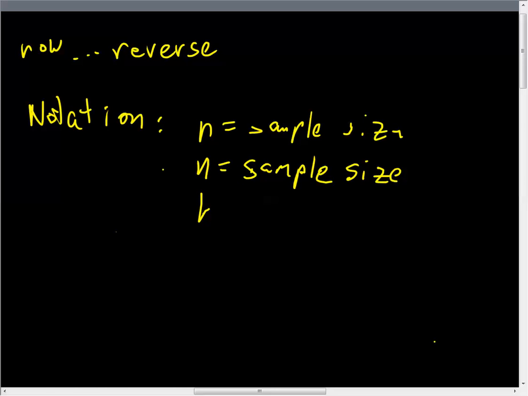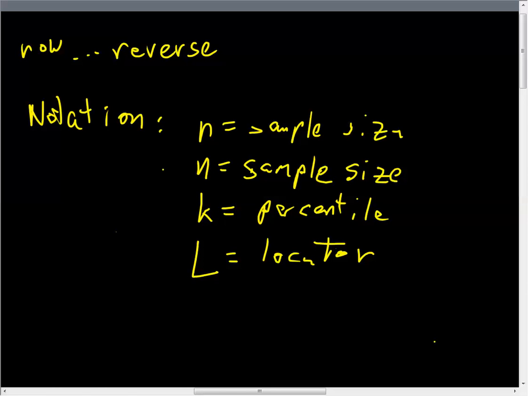Little k is going to be the given percentile. Capital K, and this formula is going to tell us where to look in our sorted list for the percentile value of interest. And P sub k, as we already know from our last example, is the kth percentile, where k is a number between 0 and 100.